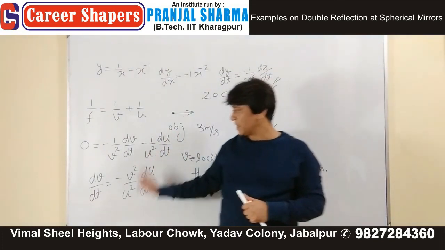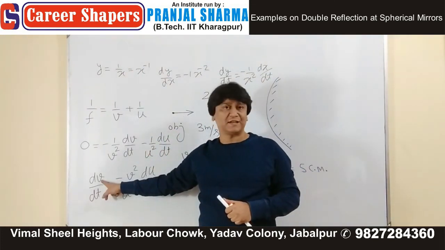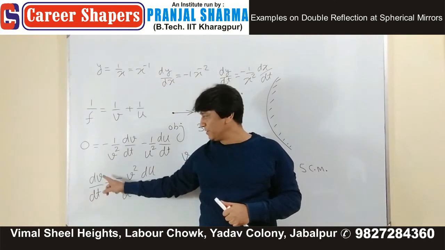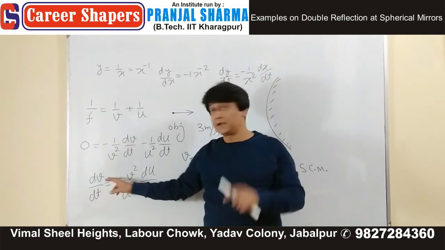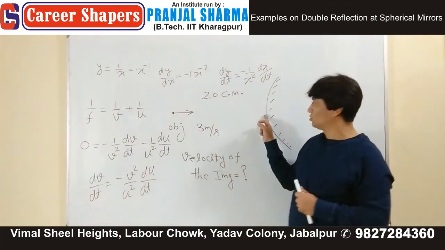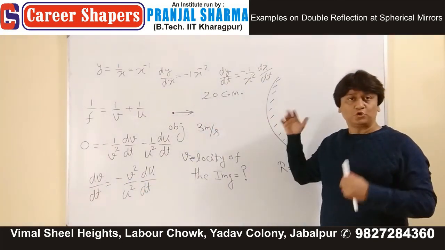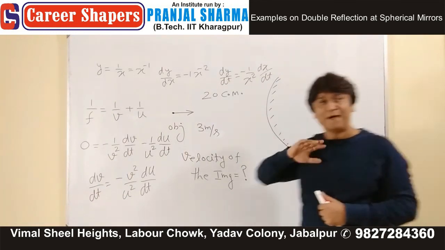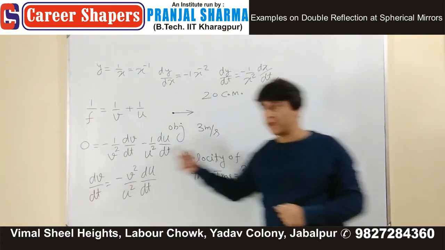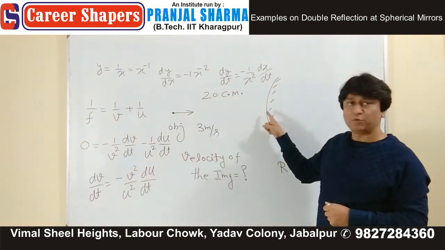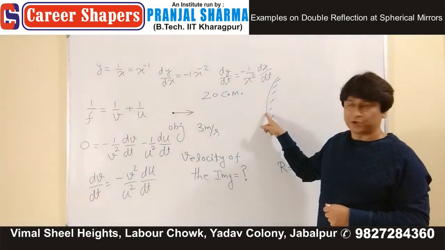Now, in this whole thing, what is v? Distance of the image. So when you differentiate that with respect to time, and that distance, remember, is with respect to the origin, the pole. With every sign, you can consider that as a kind of displacement defined with respect to the origin.